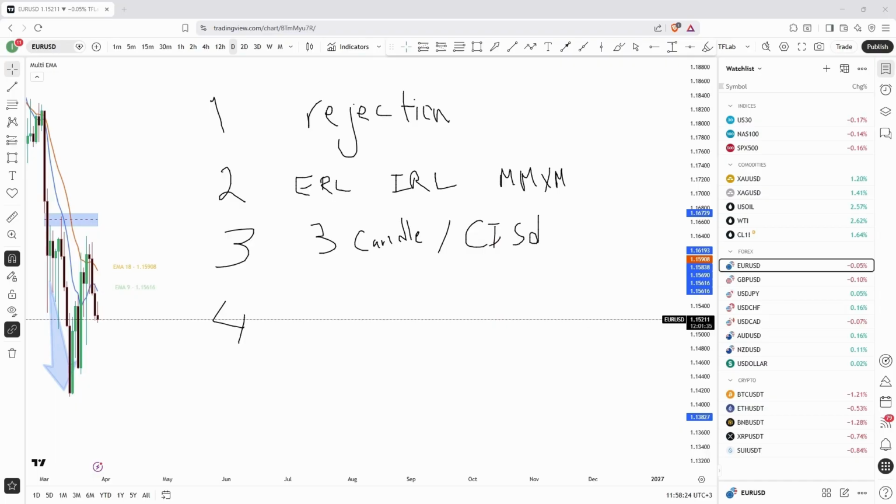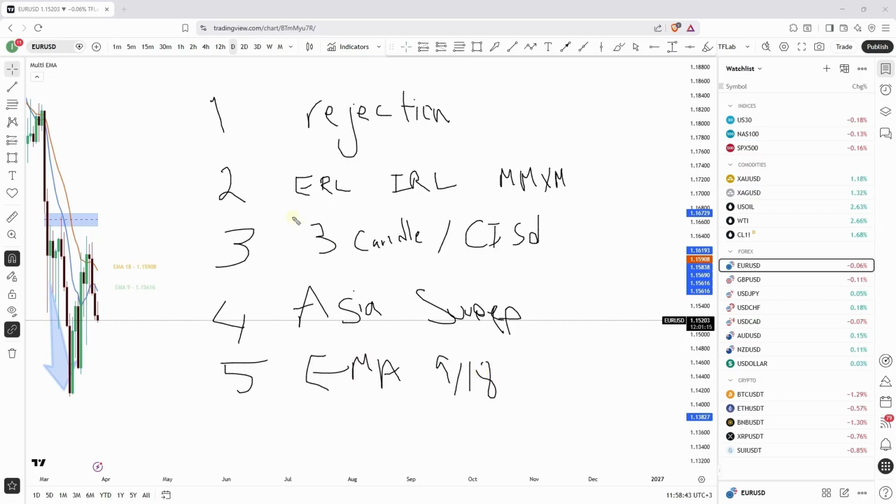It was about the cases where we had the Asian session, the sweep of the Asian session, which we reviewed, and the fifth option was also related to the EMA indicator, where we had the 9 and 18 settings in its configuration. Now if the price was below there, we could identify the cause, and if it was above that, we would have a profit, and in the middle, we couldn't. In fact, we didn't have a clear picture of the bias.